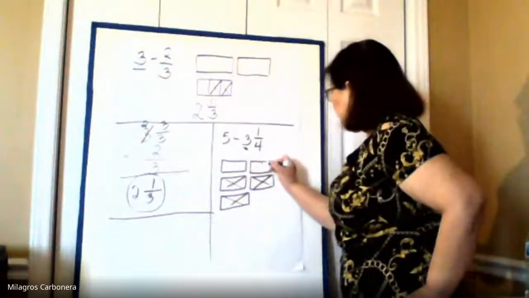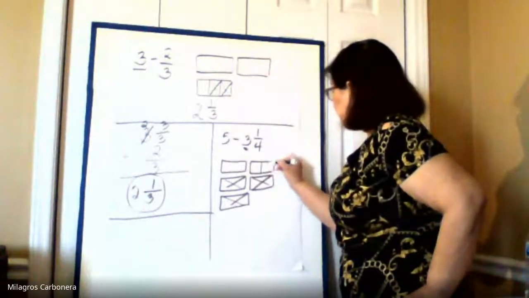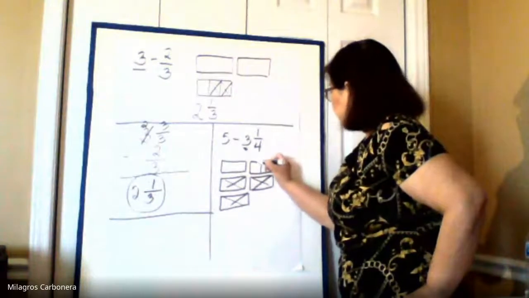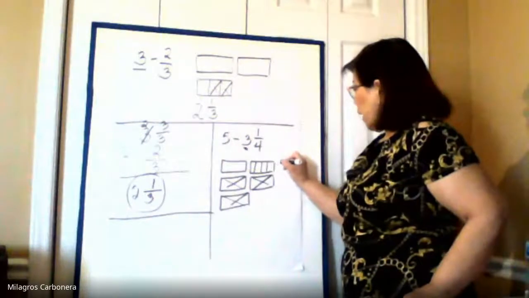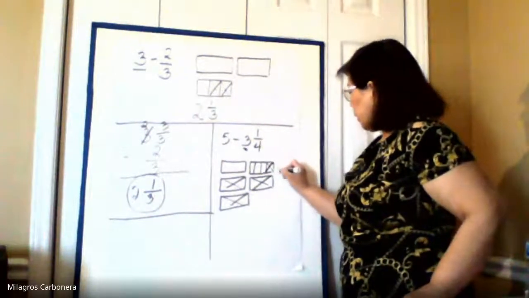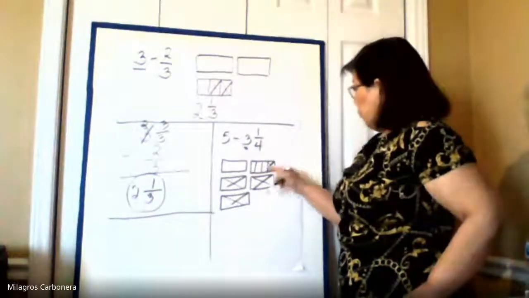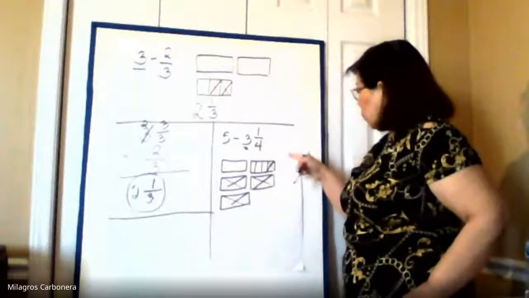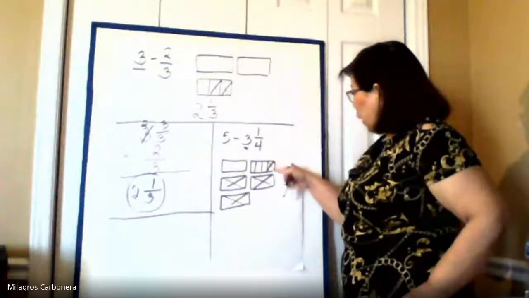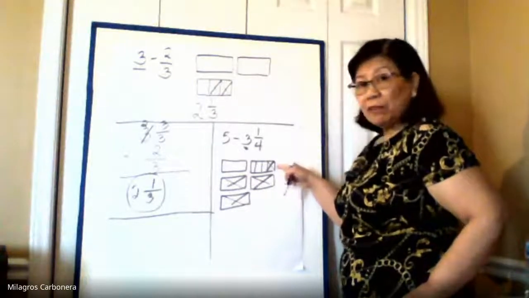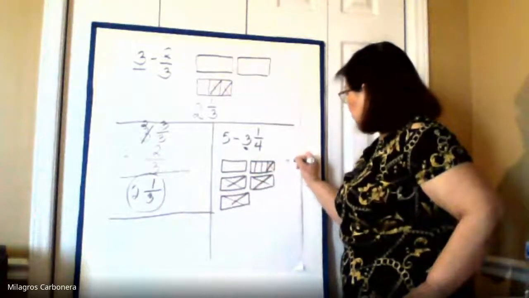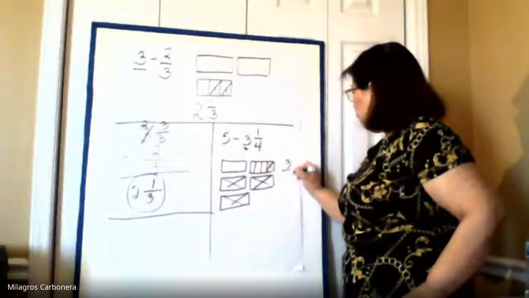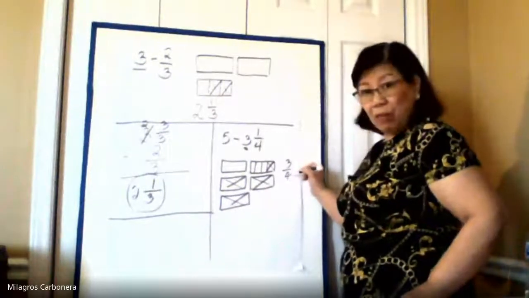So I would have this. And this is the 1/4 I am going to take away. So out of 4 parts, when I took away 1 part, which is 1/4, I have 1, 2, 3 out of the 4 parts, so I would have 3/4.